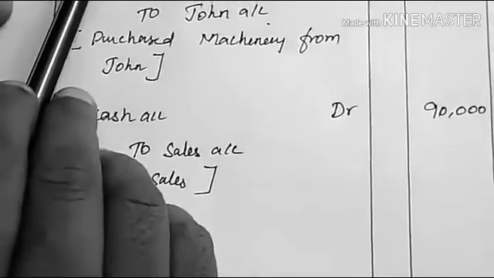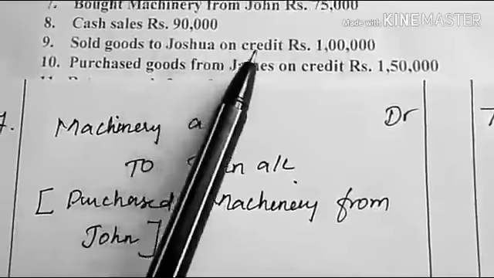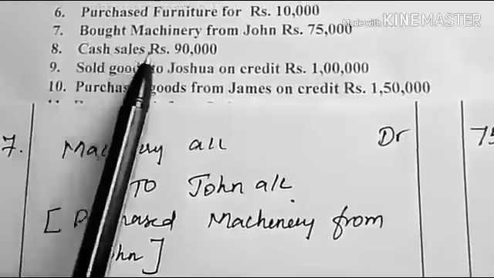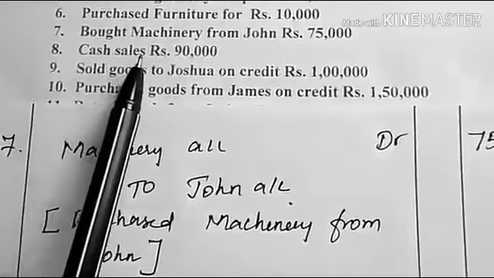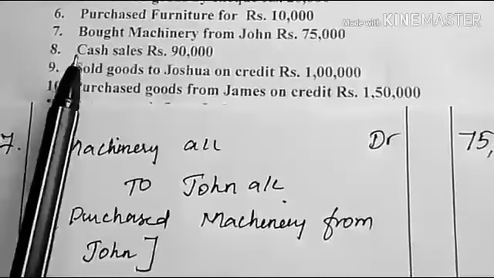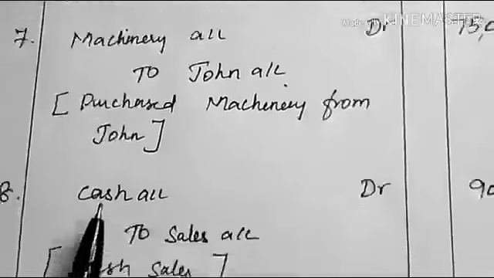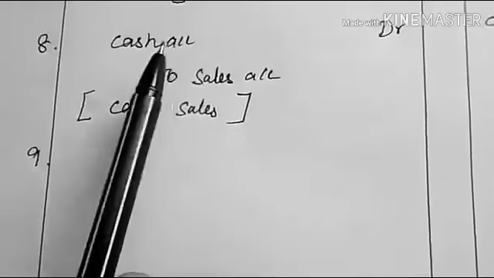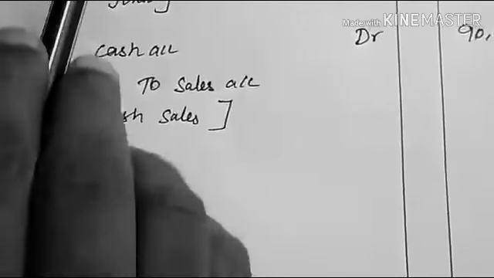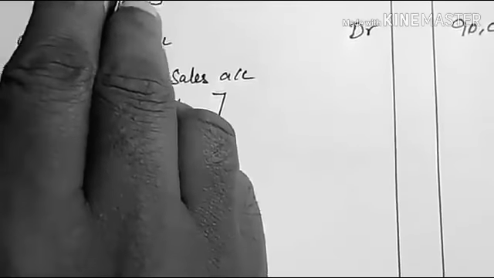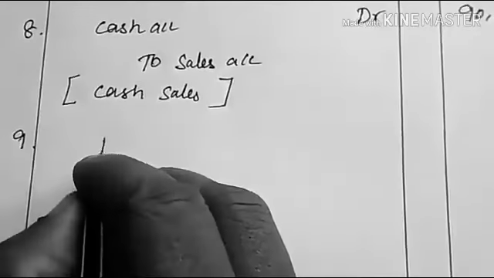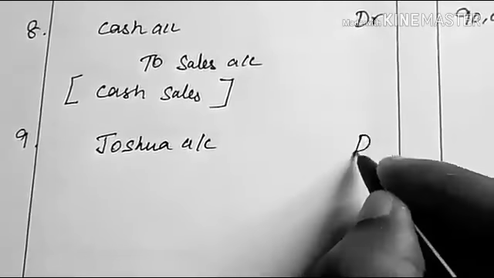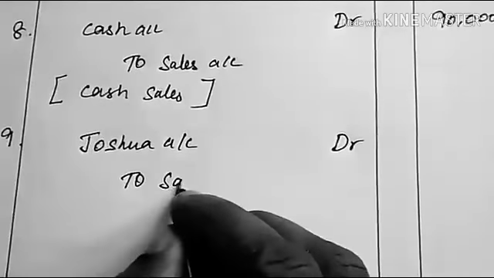See, it is a cash basis. Now, look at this transaction, sold goods to Joshua on credit. So, this is a credit basis. If it is cash basis, cash account debit to sales. If it is credit basis, you need not write cash. Instead of cash, you have to write the name of the person to whom you sold the goods. So, what is the entry for this transaction? Joshua account debit to sales account.